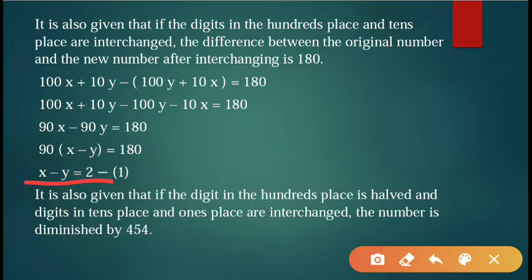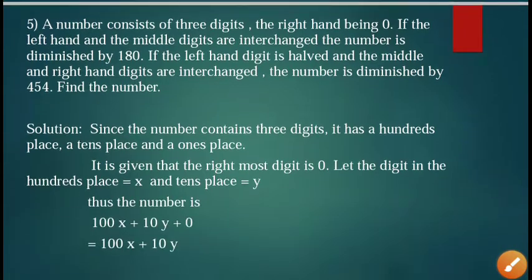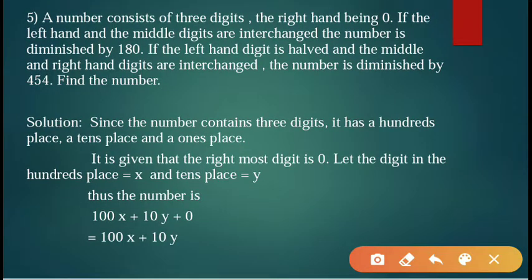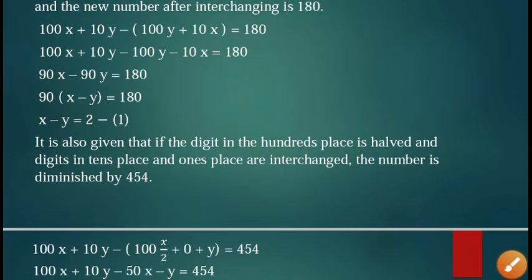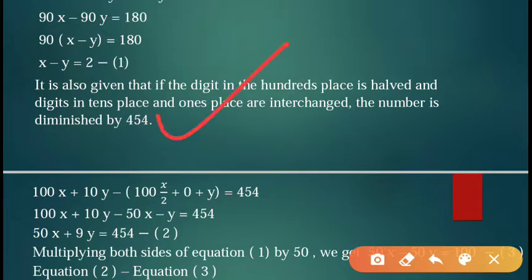Now next, in your question it is given, I am just writing as a statement whatever is given. If the left hand digit is halved, left meaning the hundreds digit is halved, and the middle is the tens digit, and the right hand digit, the unit digit, are interchanged, the number is diminished by 454. Okay, so write it.